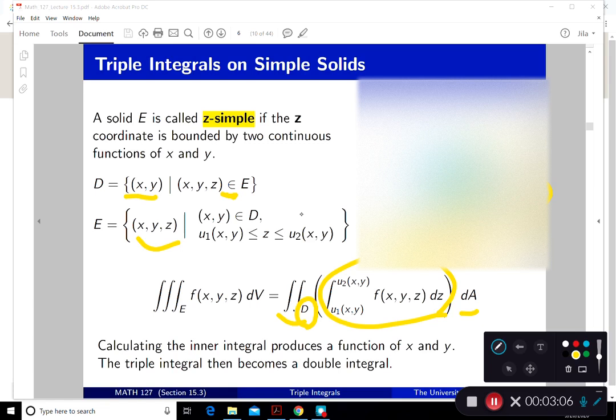And so that's how we actually integrate, and we figure out the inner integral in here. The output of the inner integral, this circled one here, is going to be a function of x and y, as you notice, and then the outer two integrals are going to be with respect to x and y, so it works that way.